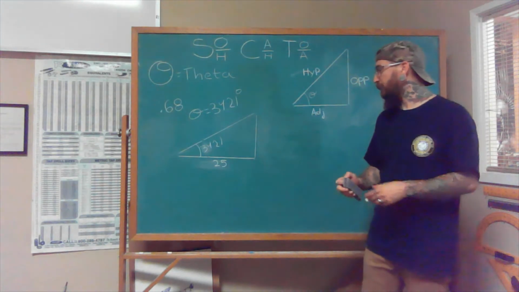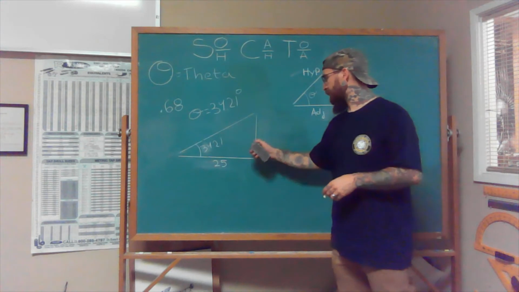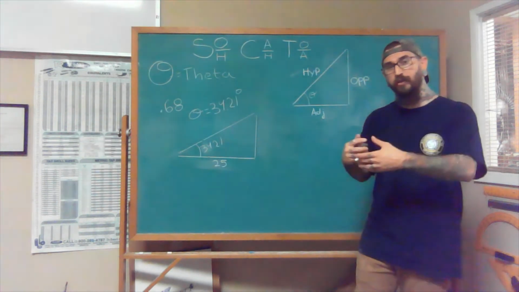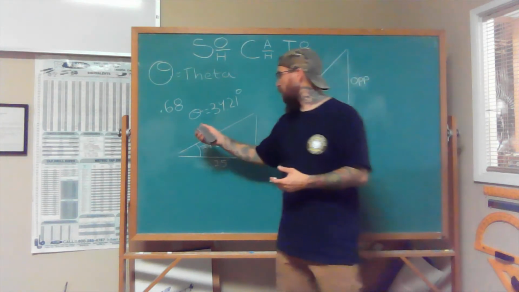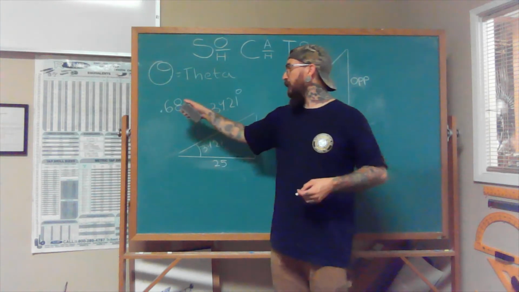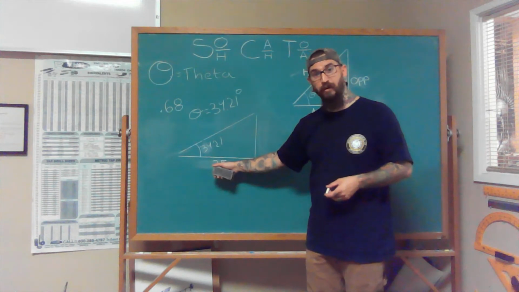So to figure that out, if we divide the opposite by the adjacent, the other way to do that, if we were going to switch it around, is to multiply. We'd have to multiply the tangent of 34.21, which would give us 0.68, by 25.